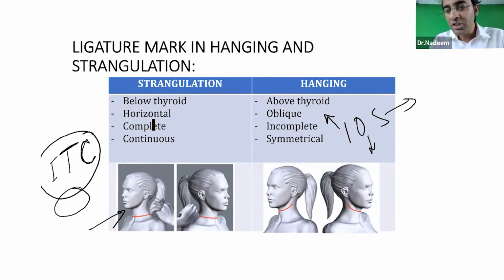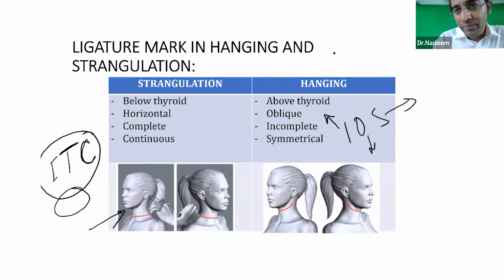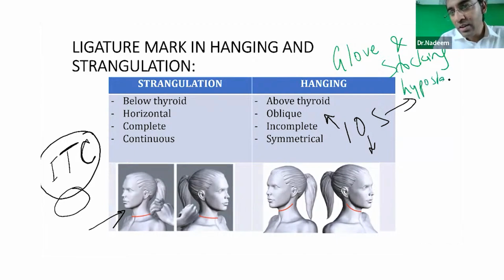Okay. Dr. Akbar Shah is asking about glove and stocking hypostasis also. Okay, fine, let's talk about it. See, where do we see glove and stocking hypostasis? Hypostasis means staining.